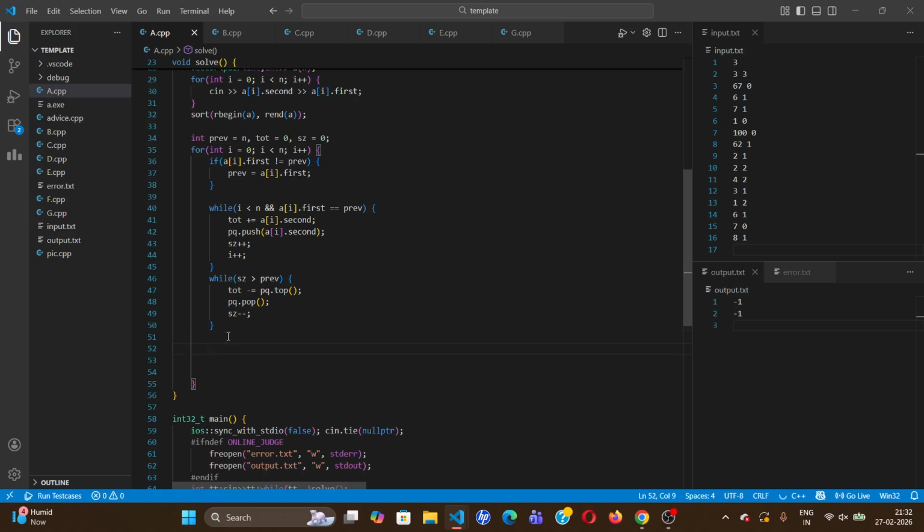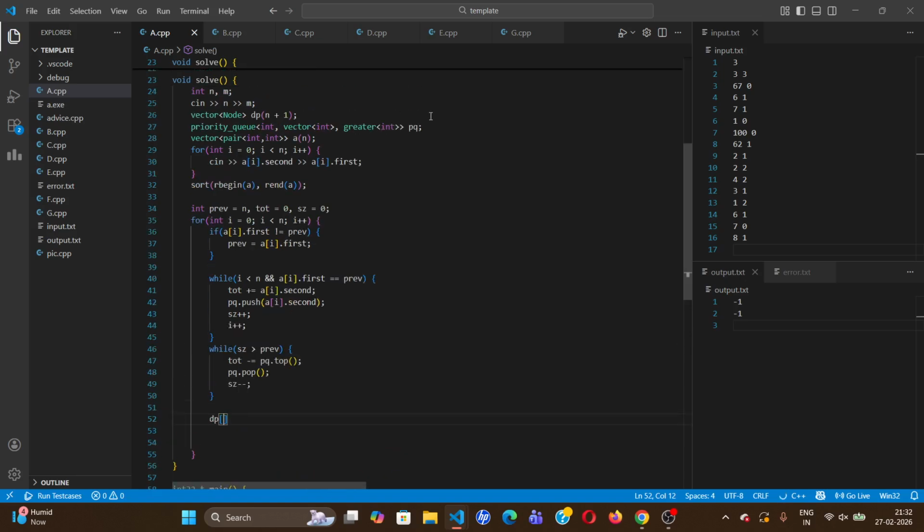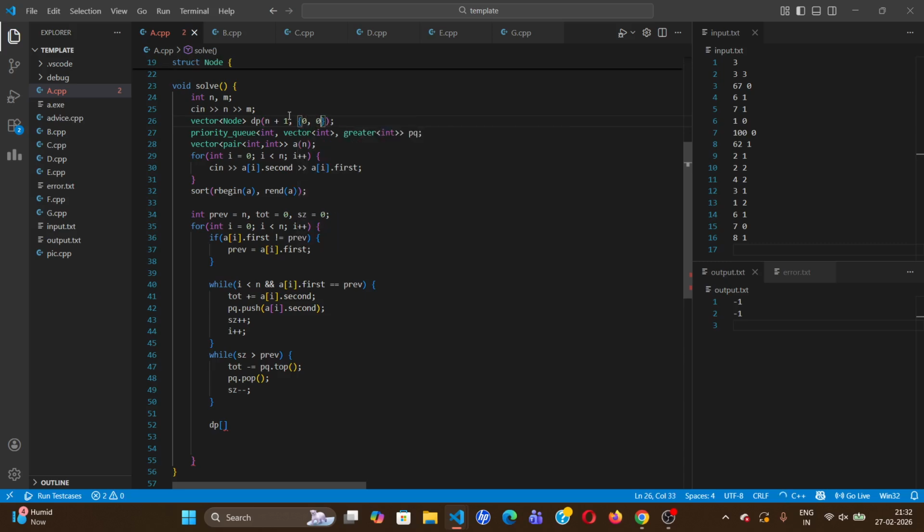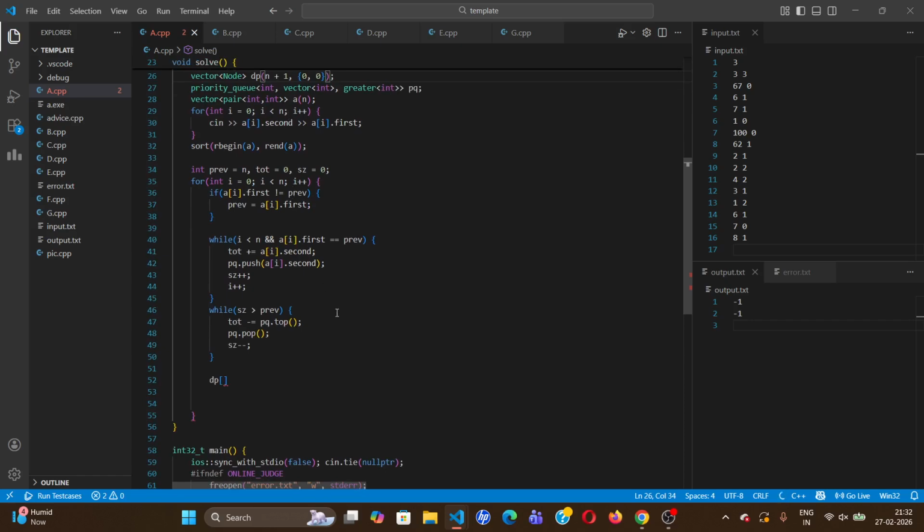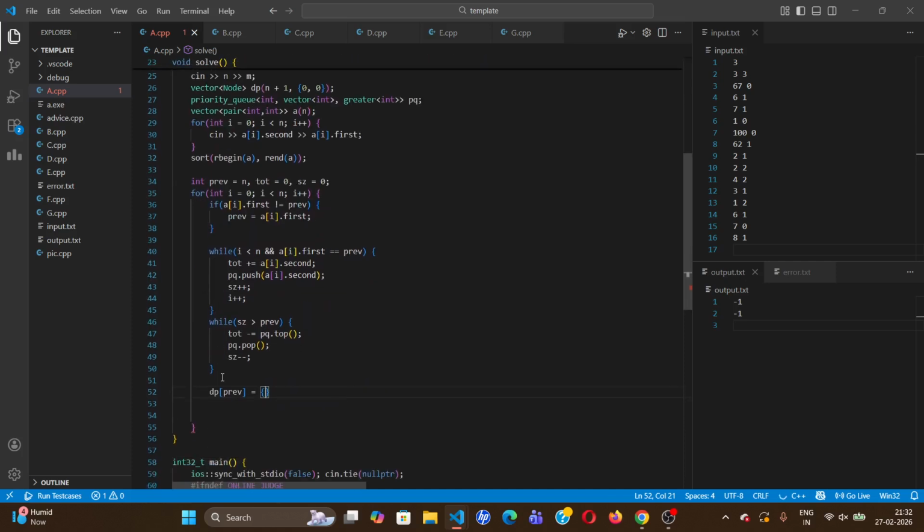Now okay, now dp of previous is the number of times it repeats equals to first event then total. Perfect.